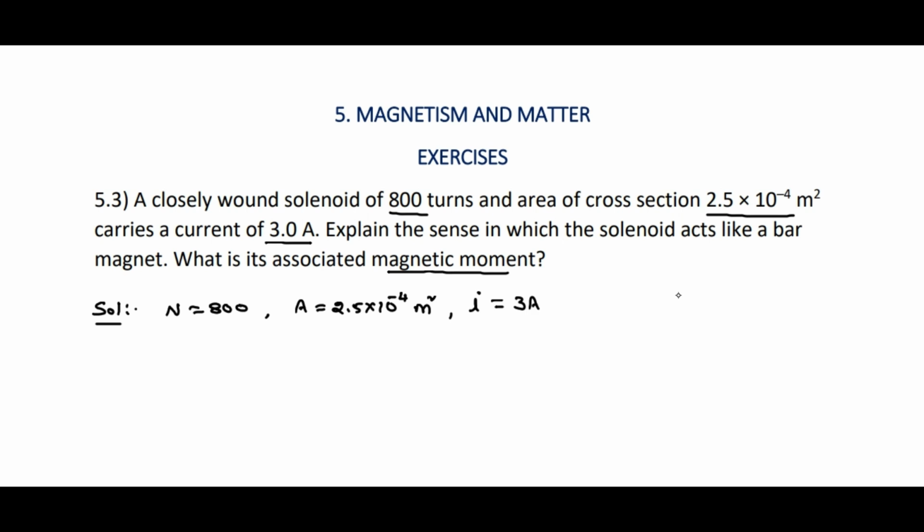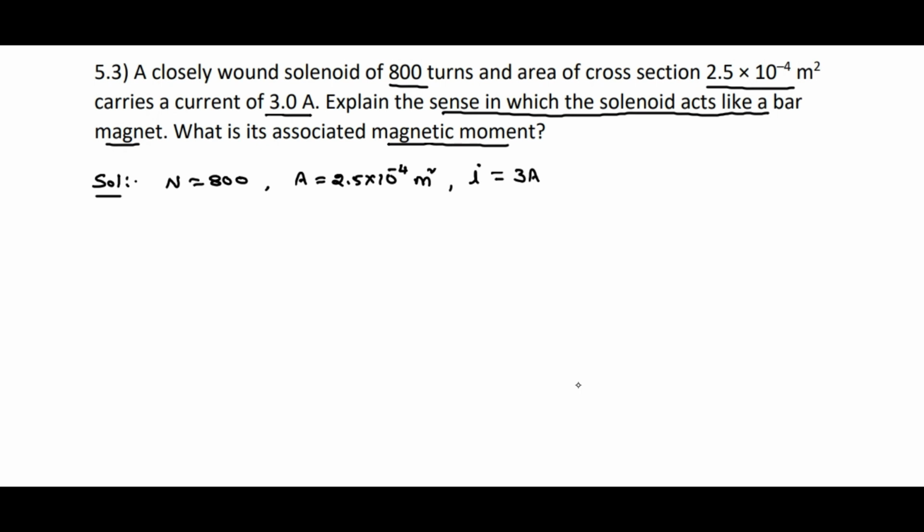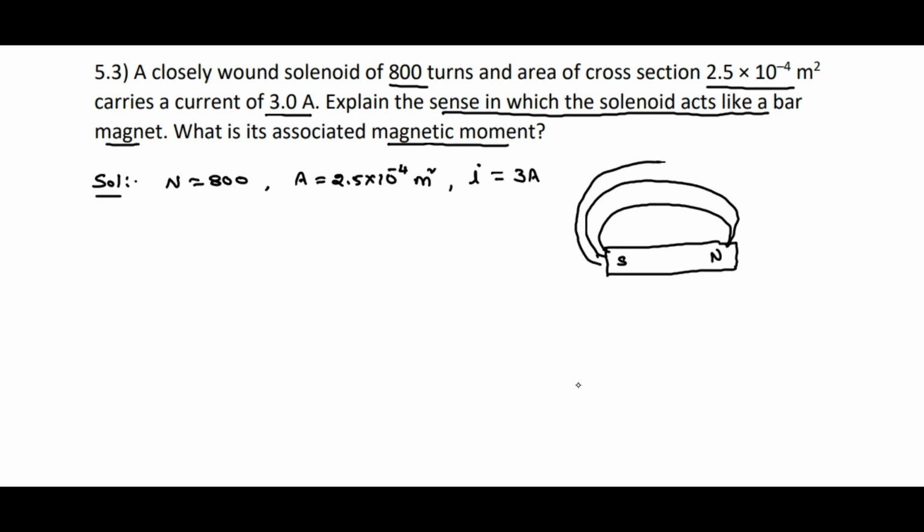The first sub-question is: explain the sense in which the solenoid acts like a bar magnet. We are aware of a bar magnet. Suppose this is the bar magnet and the magnetic field lines will look like this.